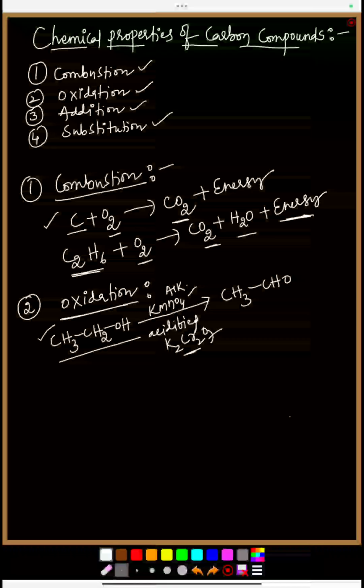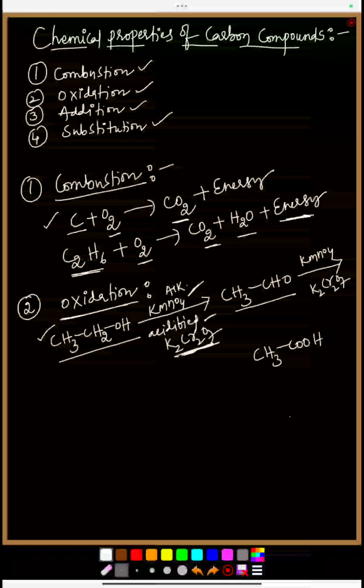Alcohols are converting into aldehydes in presence of oxidizing agents like potassium permanganate or potassium dichromate. Again, these aldehydes react with the potassium permanganate or potassium dichromate and will give us CH3COOH, which is called carboxylic acid, or you can call ethanoic acid.